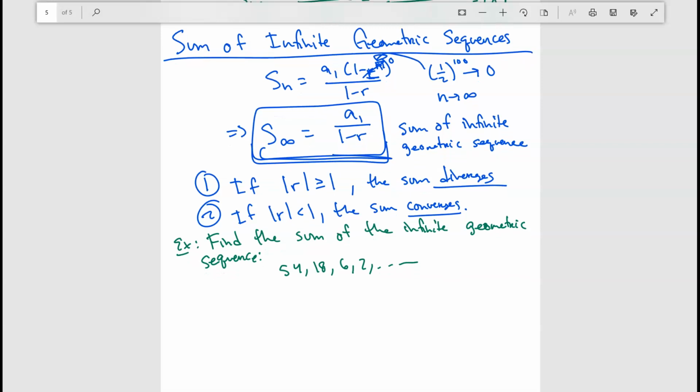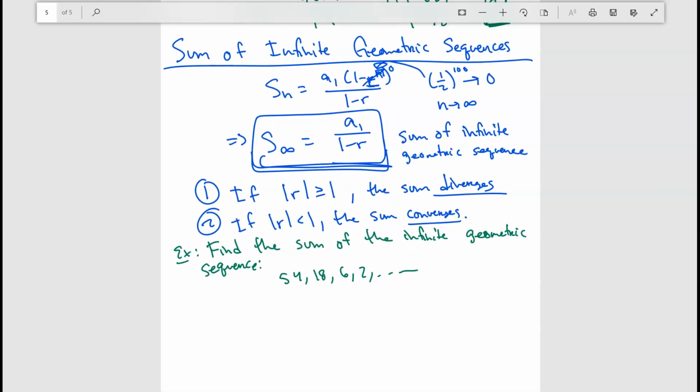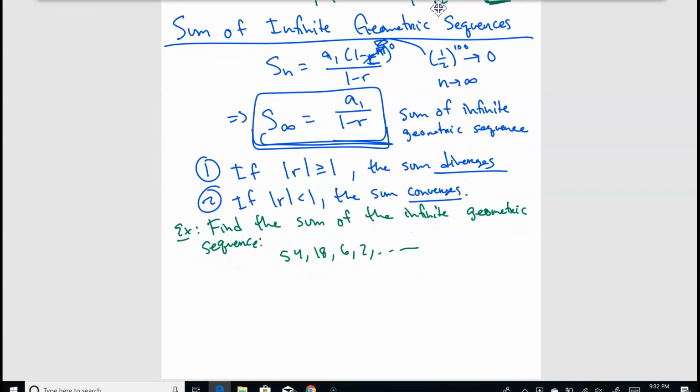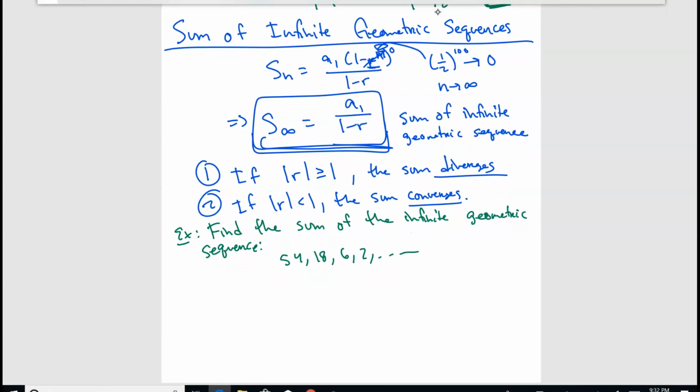The first thing you want to look at is what exactly this sequence is doing. Let's look at the common ratio, because if we know the common ratio, we can determine whether it's going to converge or diverge. r is going to be a2 over a1, so it's going to be 18 over 54. If I take 18 and divide it by 54, it'll be 1/3.